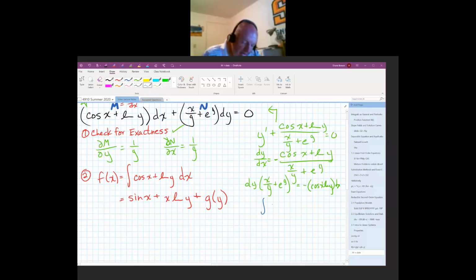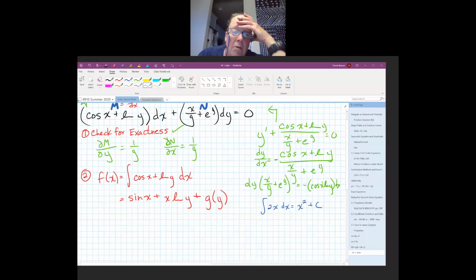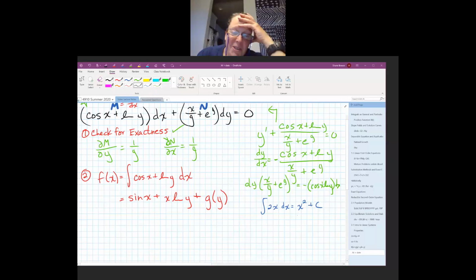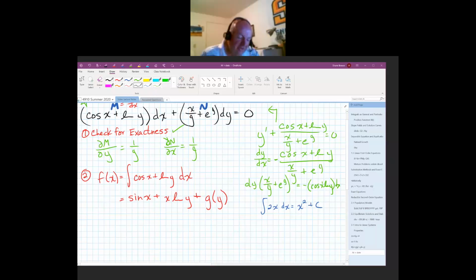If I integrate, we'll keep it super easy, 2x dx, what is that? Of course, x squared plus c. Why do we put the plus c there? Because it got grounded in my head in Calculus 1 that there's always a plus c.